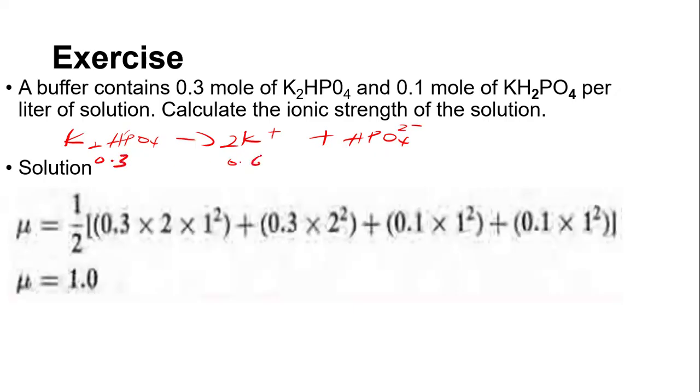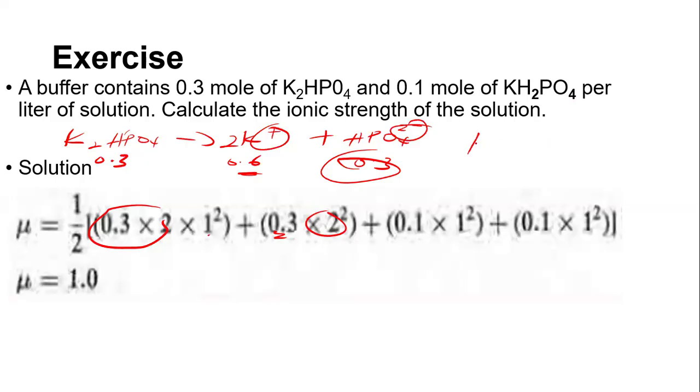This one will be 0.6 because it gives me 2 moles of this, and then this 0.3. And so for this one, if I'm doing the calculation, I would have half into brackets, 0.3 times 2, that's 0.6 here, times 1, which is the charge, squared, plus 0.3, this is 0.3 here, then the charge is negative 2 squared.